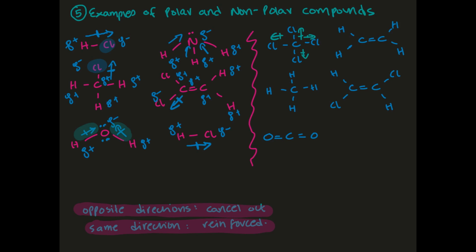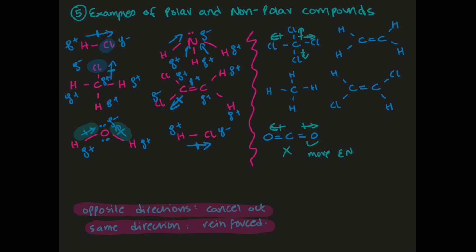In this case of methane, CH4, the electronegativity difference between carbon and hydrogen is going to be too less. So in this case, this is also going to be nonpolar. Over here, even though oxygen is more electronegative, it's going to pull electron density from this side and from this side. And because of that, the net effect is going to cancel out. So this is also going to be nonpolar.